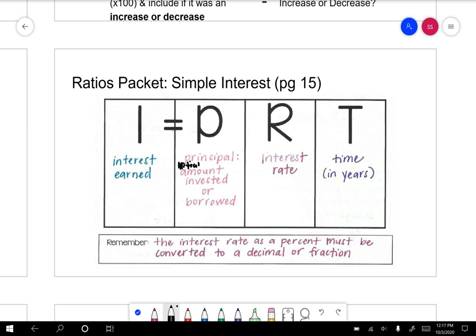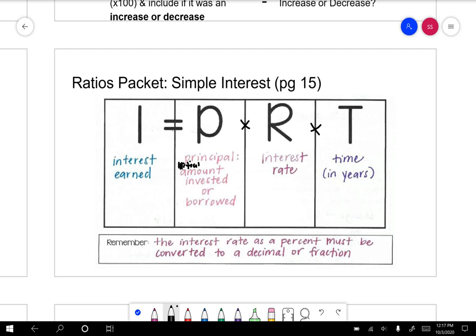So how much did you put in the bank to start with, or how much did you borrow to start with? You're going to take that amount and multiply it by whatever interest rate you're given and multiply it by however long it's been in years.